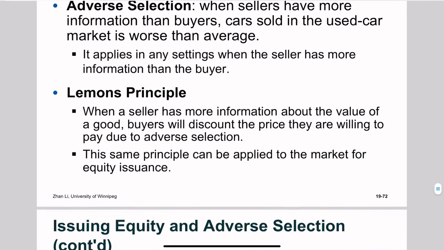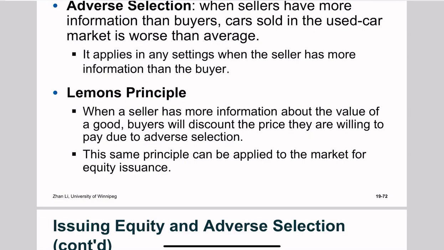Okay, now let's talk about the Lemons principle. When a seller has more information about the value of a product, buyers will discount the price they are willing to pay due to adverse selection, right? So in the used car market, sellers have more information about the value of the used car. So you can see that in the end, buyers will not pay $3,000, this average price.